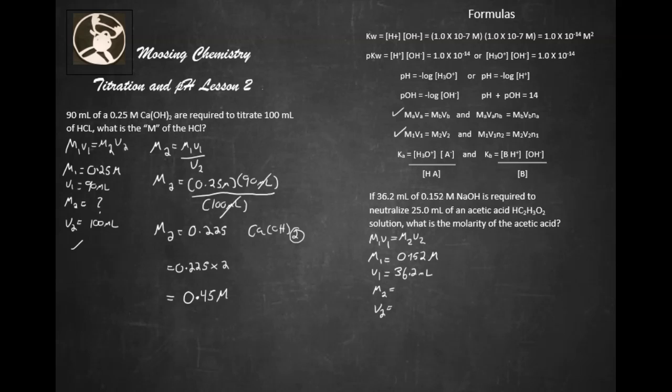Okay. And our second volume, of course, is going to be 25 milliliters. How easy is that? Then I just look for my M2, right? So M2 equals M1 V1 over V2.